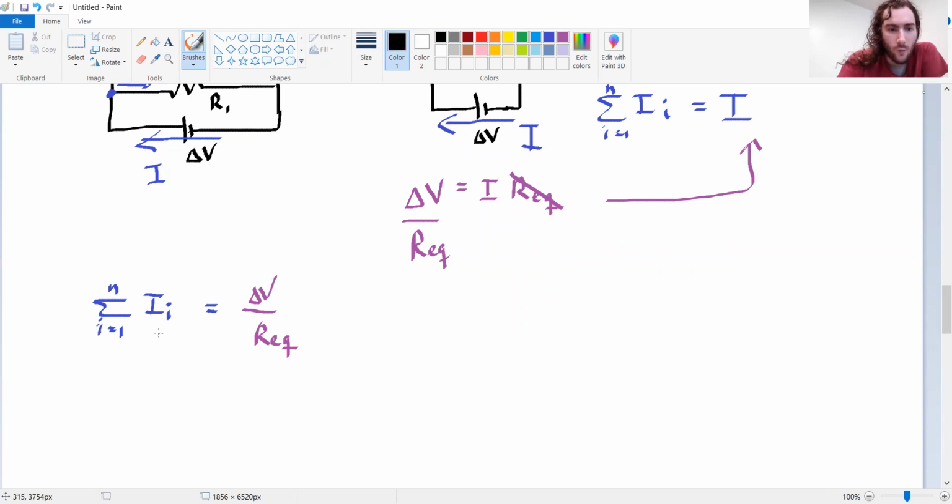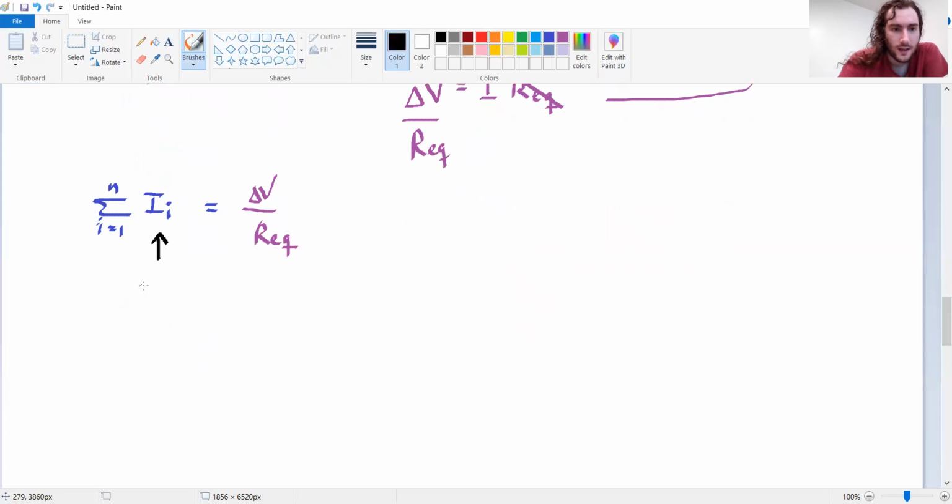But then, of course, I'll want to replace this guy as well, and I can replace this guy with delta V over R sub i from 1 to n. And of course, now we have exactly what we're after.